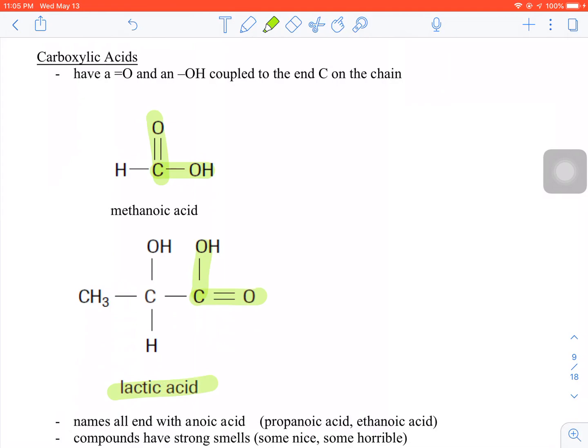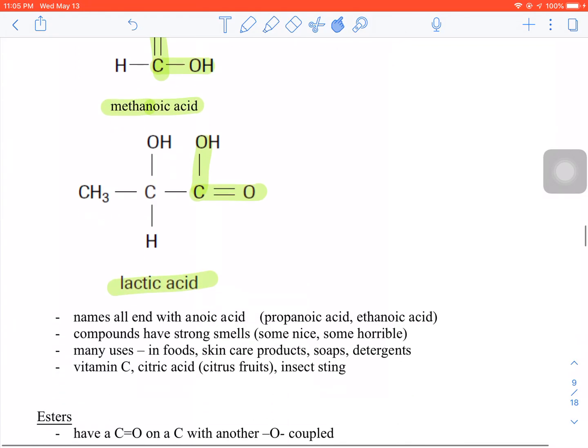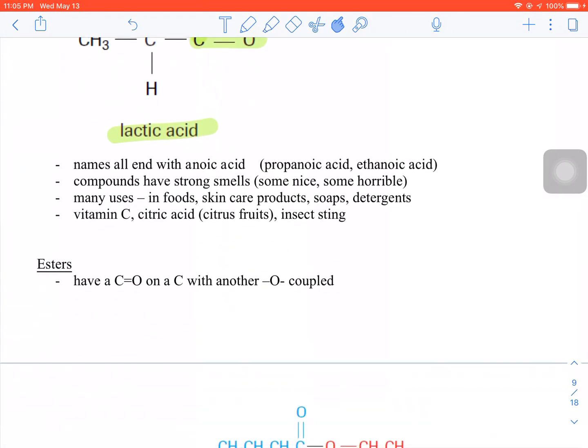If we say that you're lactose intolerant, you have a hard time dealing with some of the metabolites of lactose. Methanoic acid is the acid that's produced by ants that causes stinging when they bite you, and other insects make their own methanoic acid.